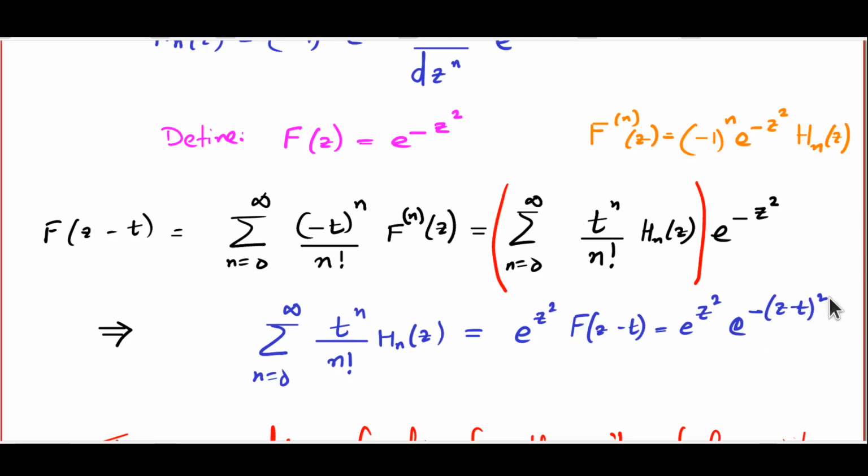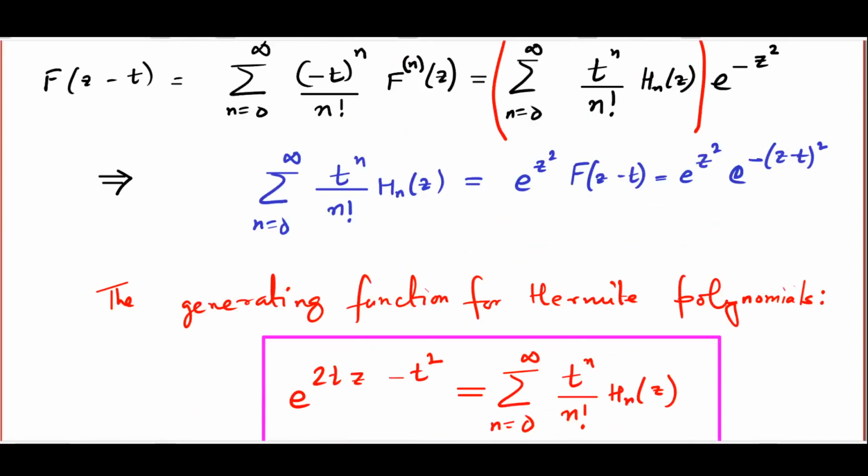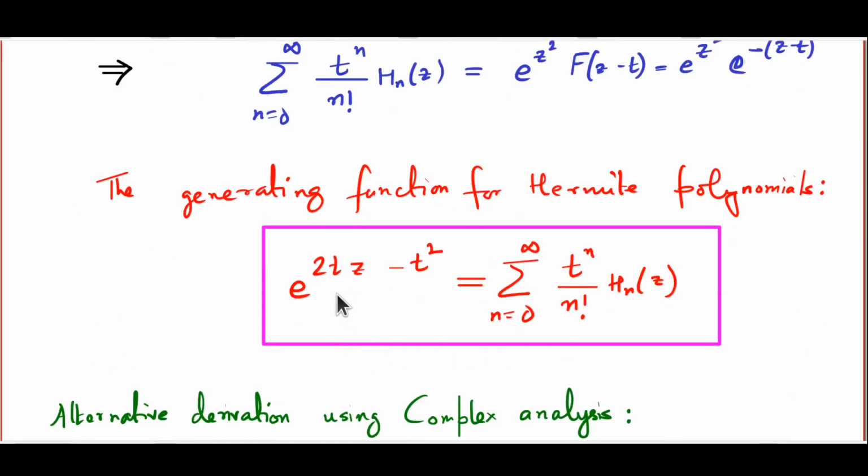And if you just expand this out and use elementary algebra, you immediately arrive at this result. It is 2tz minus t square, which is nothing but z square minus z minus t whole square. When expanded in powers of t, it gives you H_n(z) by n factorial as the coefficients. So this is how you actually arrive at a proof that the generating function for the Hermite polynomials is this particular function.